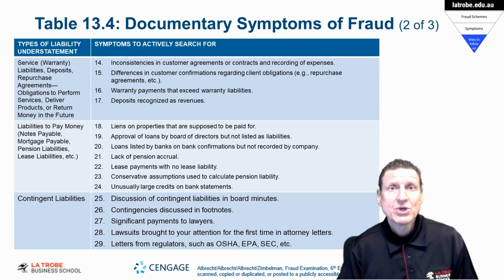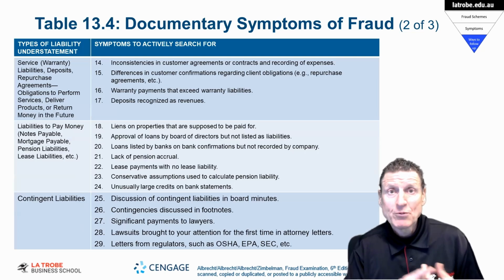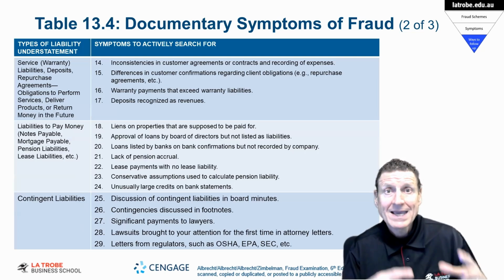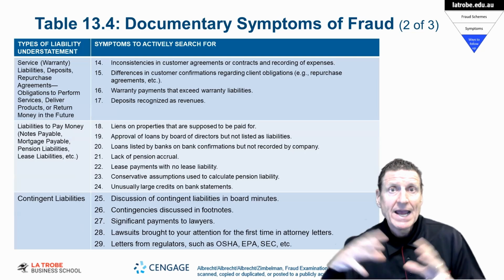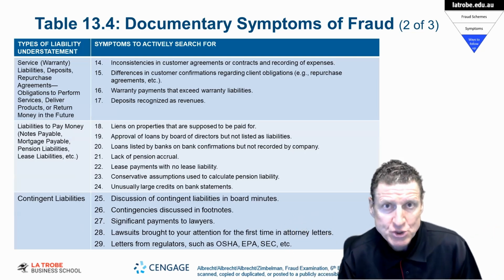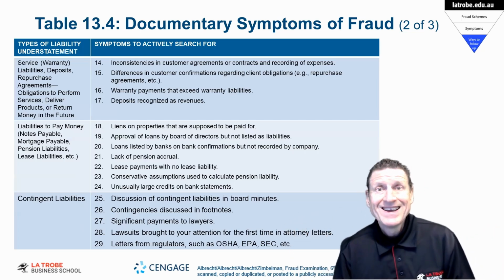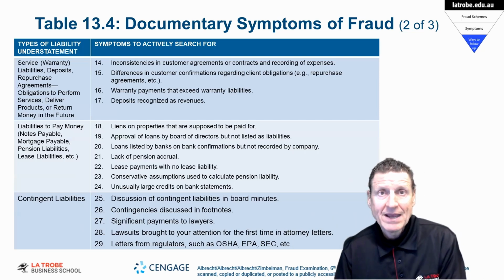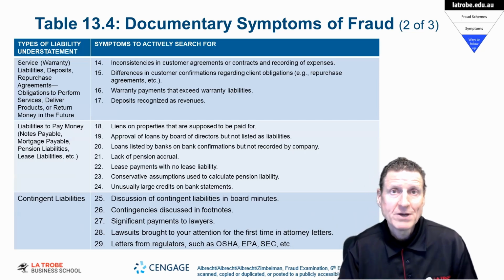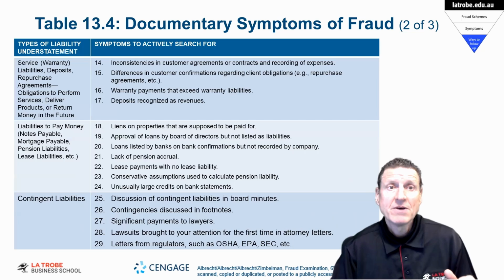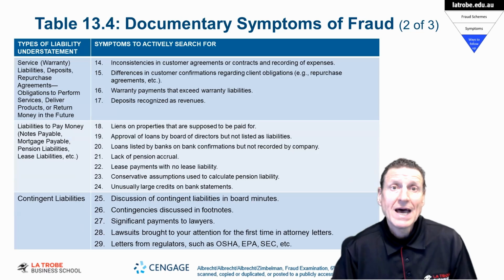So the first step is to analytically look at ratios, look for accounts that look strange, out of the extraordinary, and then look for documentary evidence associated with those accounts. So if service, warranty liabilities, deposits look strange, then that's prima facie evidence that there may be something going on in this area and not other areas.